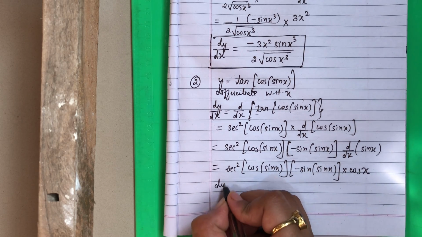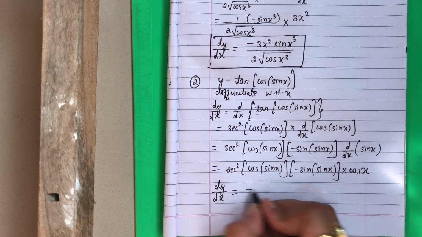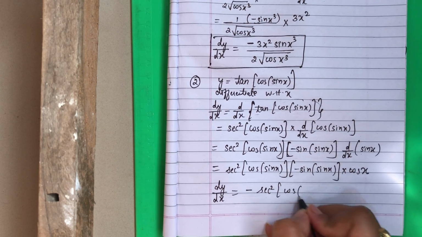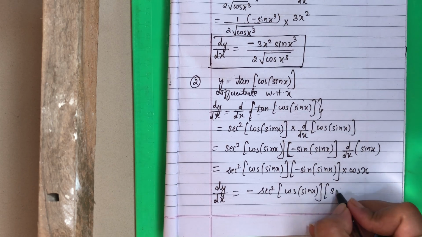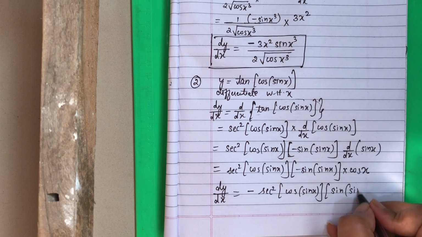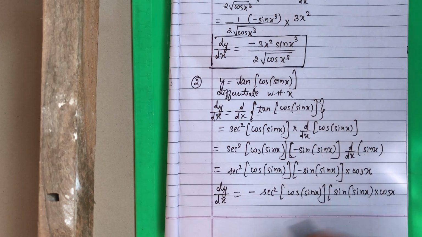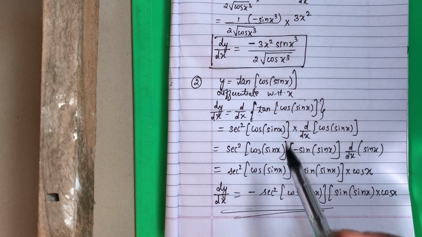Take the minus sign outside for the final answer. dy by dx is equal to minus sec square cos sine x, sine of sine x into cos x. This is the final answer.